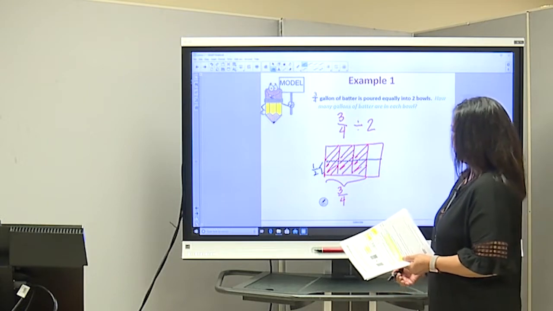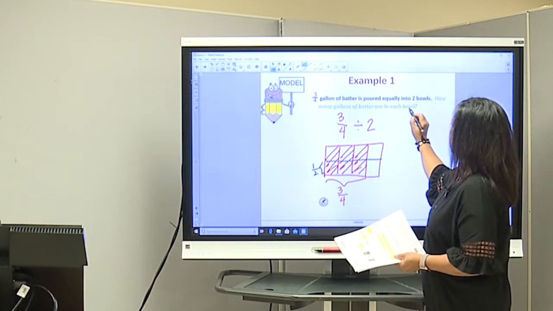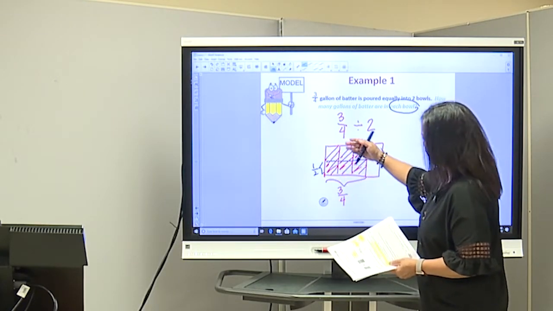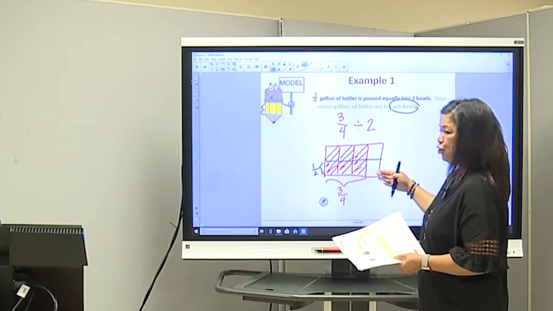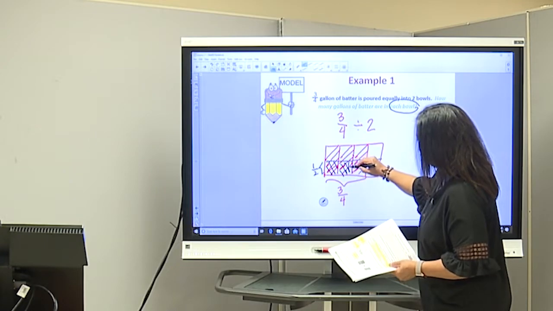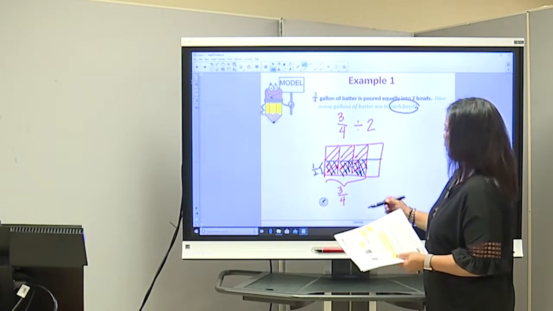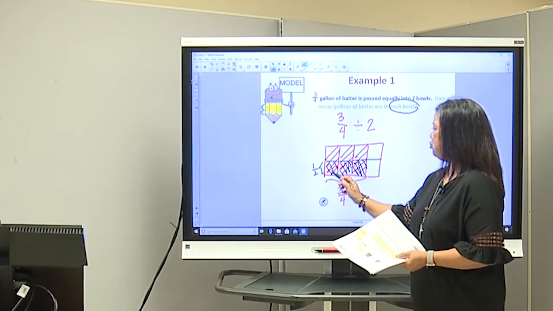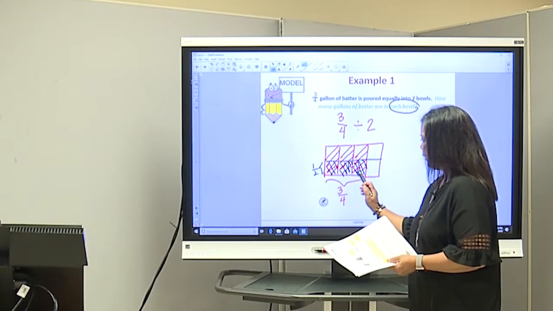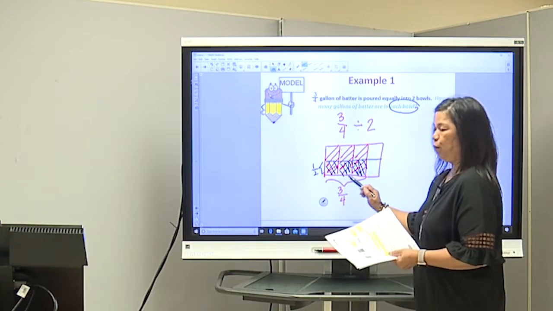So it says how many gallons of batter are in each bowl. This is one of the bowls. Remember, there are 2 bowls. 1, 2. So what do I see? I have 2 shaded parts here. 1, 2, 3 out of the whole thing.